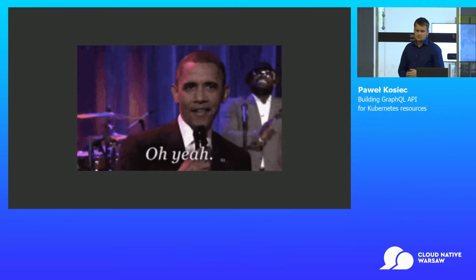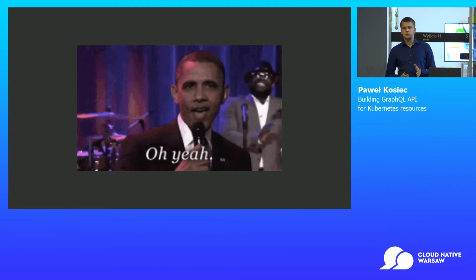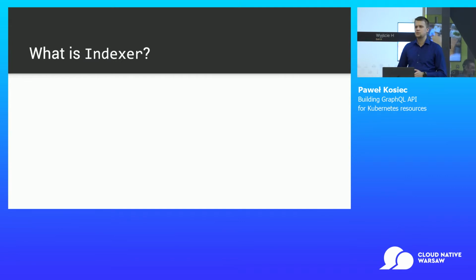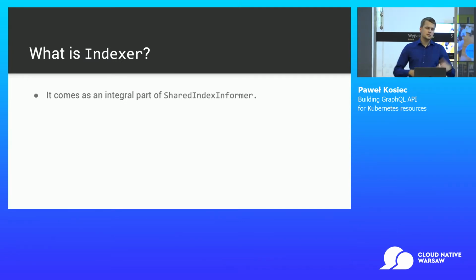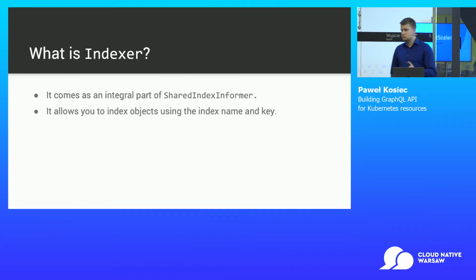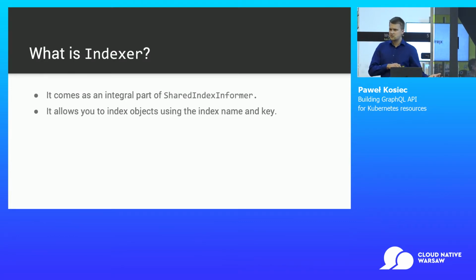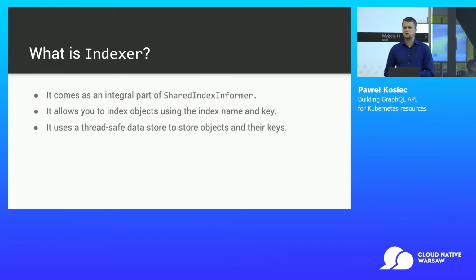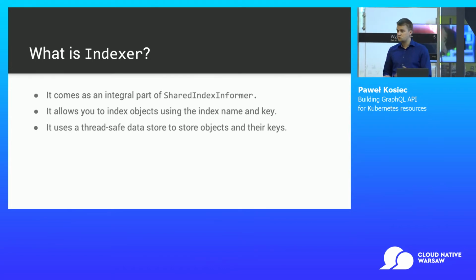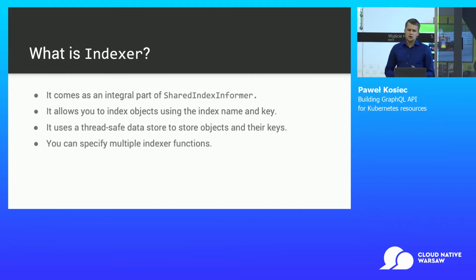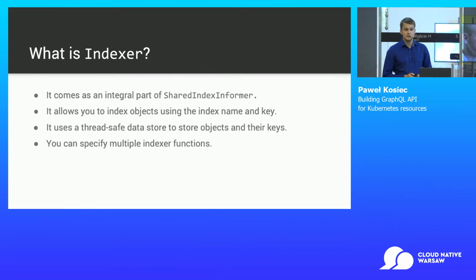Of course we have, because we can do queries on our cache store. For that we will need an indexer, and the indexer is also a part of the shared index informer, and it allows you to index objects by using an index name and key. It uses a thread-safe store to store objects and their keys, and we can specify multiple indexer functions, which is really useful.